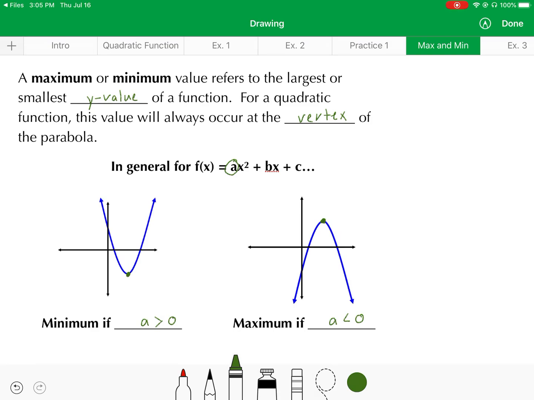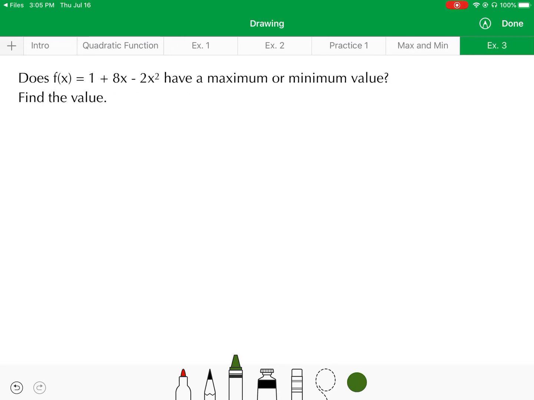Okay? All right, so based off that, does this function f(x) equals 1 plus 8x minus 2x squared have a maximum or minimum value? Well, your a value is what you'd want to focus on here, which in this case is -2.